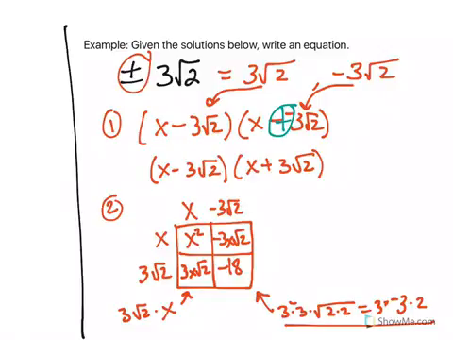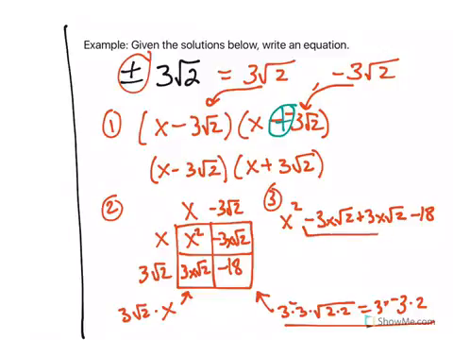Now we're going to combine the terms here. That's step 3, combine like terms. Sometimes it's easiest to write out the whole thing first, otherwise people make mistakes. I saw it a lot on the last test. X squared minus 3x radical 2 plus, coming down here, 3x radical 2 minus 18.